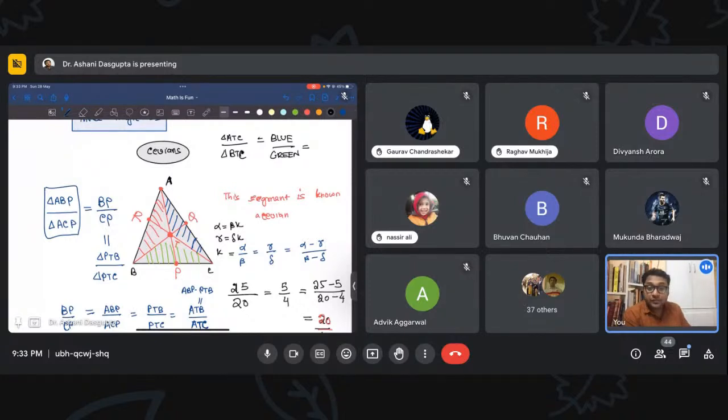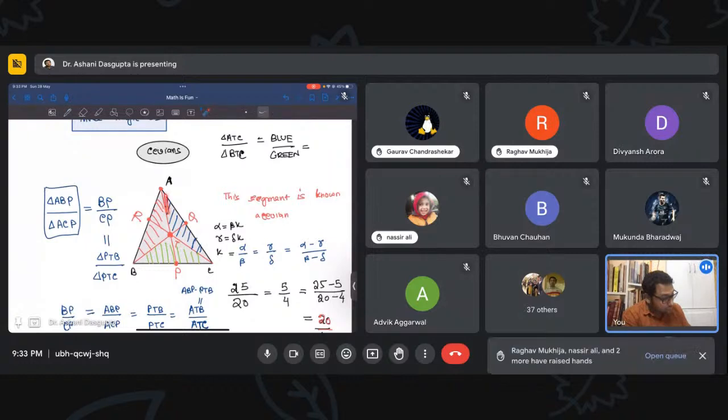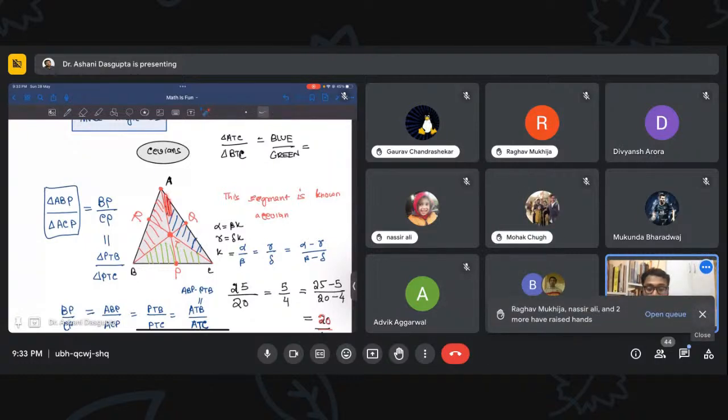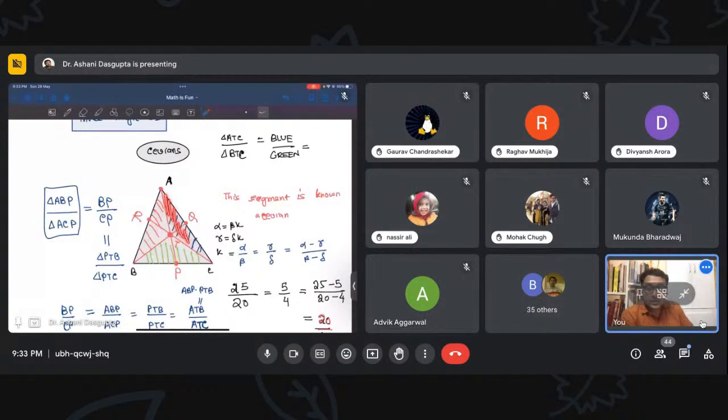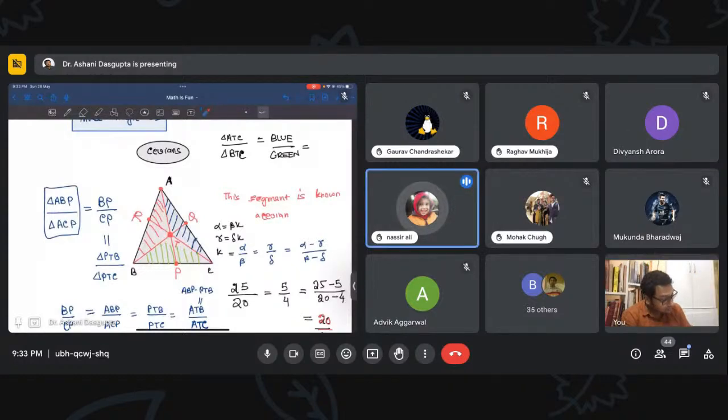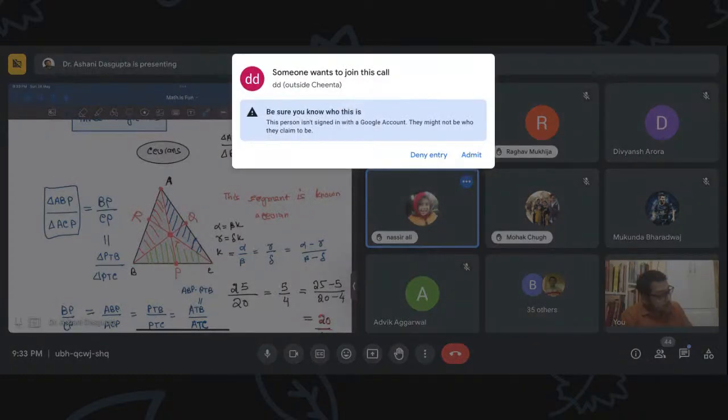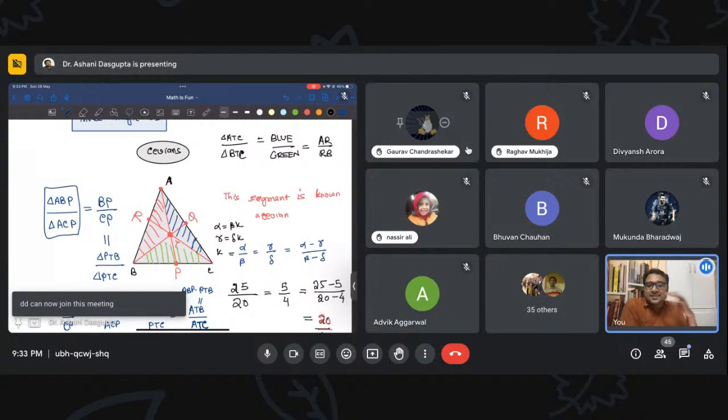Can anyone tell me what is blue by green? Okay, let's go to Nasir Ali. Nasir, tell me. It's equal to AR over RB. AR over RB, absolutely right. Very good. So we understand the idea.